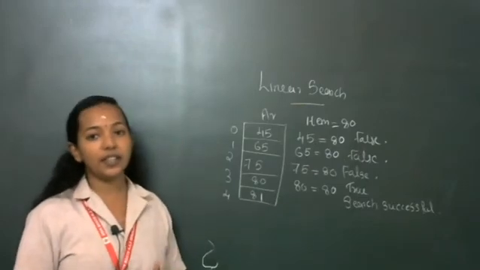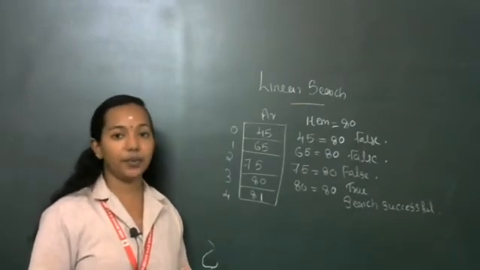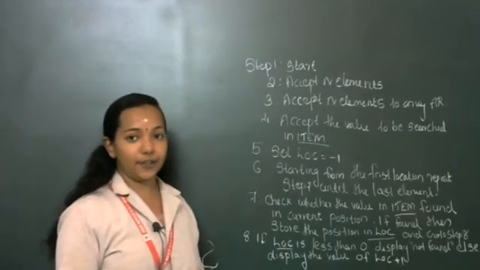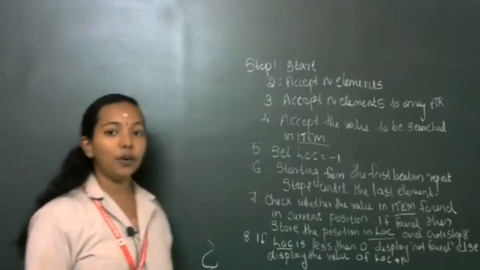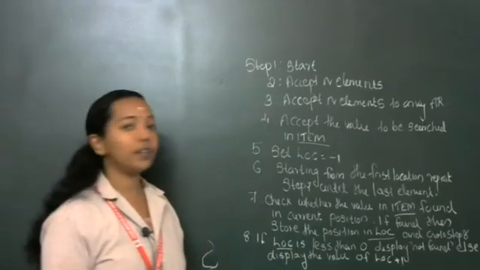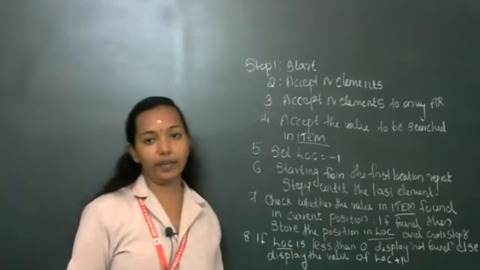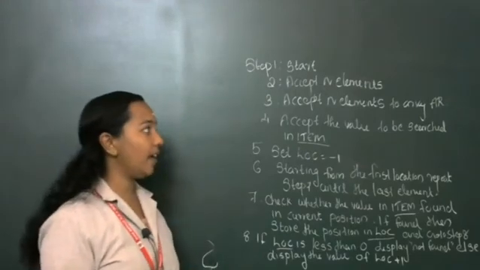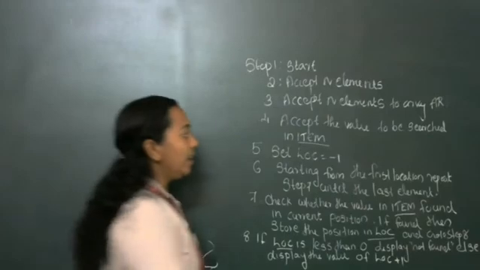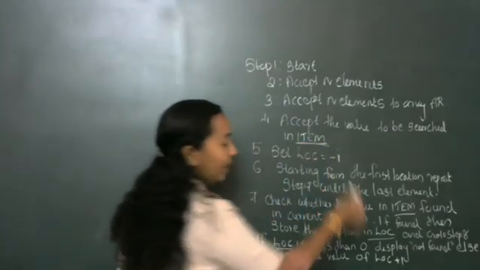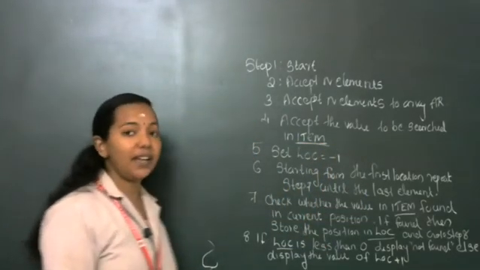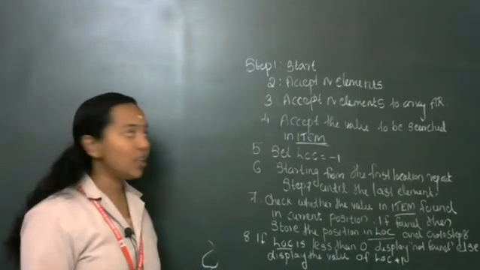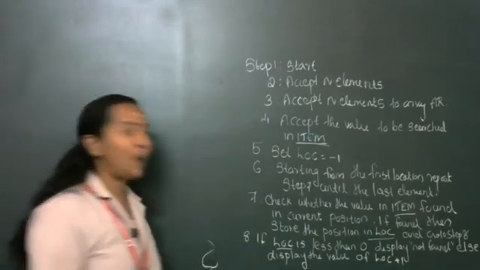Next we will discuss the linear search algorithm. In this algorithm, we accept n elements into the array AR. Then we use a variable called item to represent the item we are going to search for. After that, set location equal to -1.